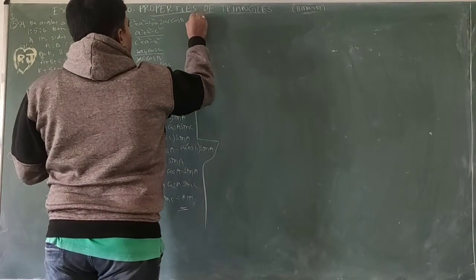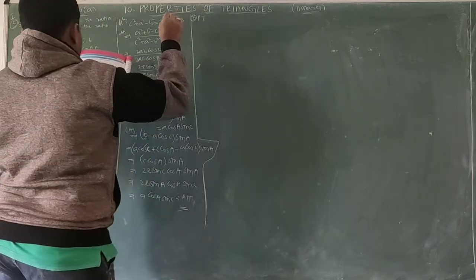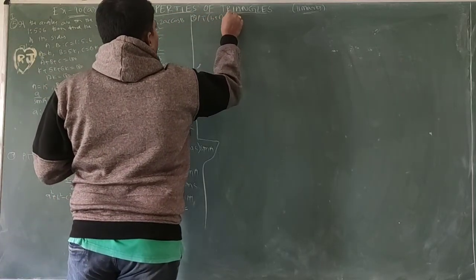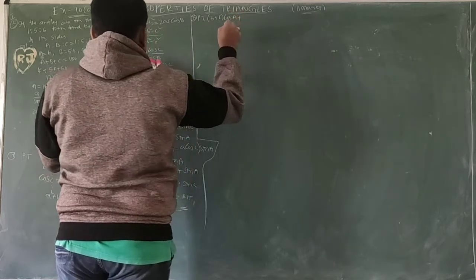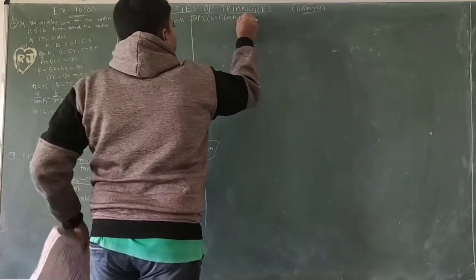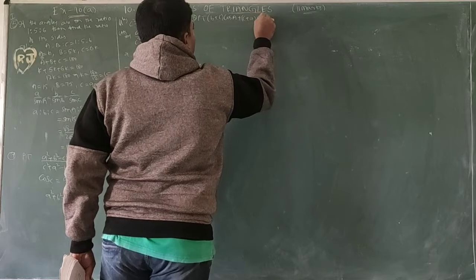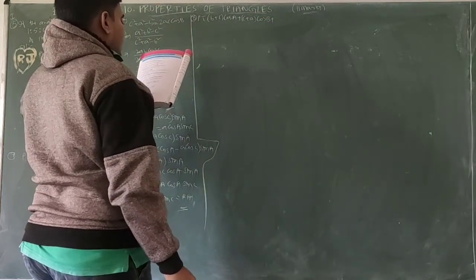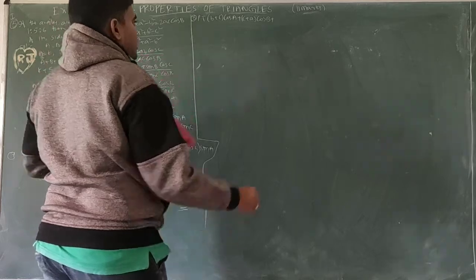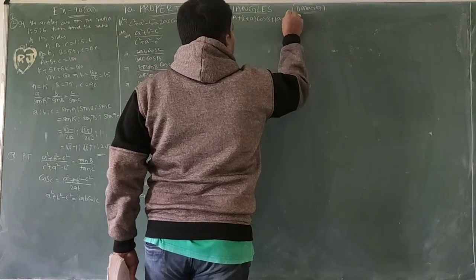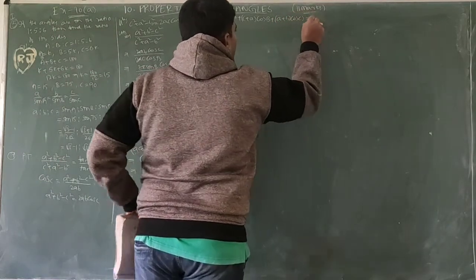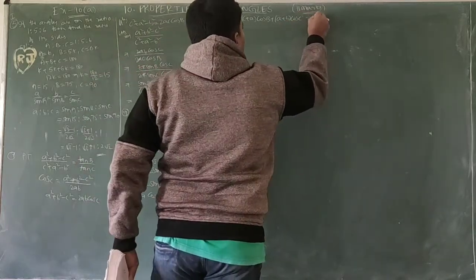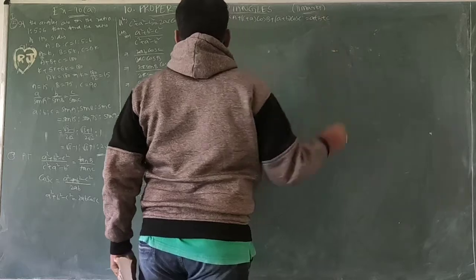8th one. Prove that (b + c) cos A + (c + a) cos B + (a + b) cos C equals a + b + c.